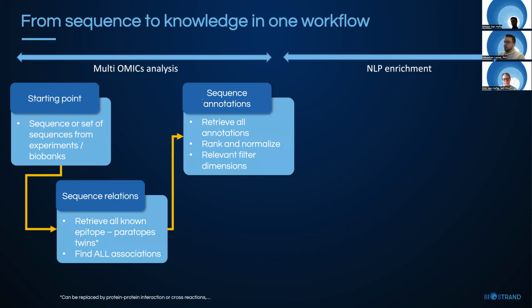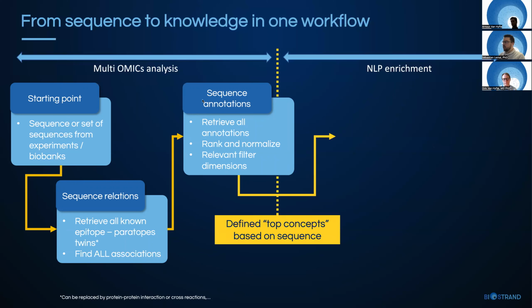Once we have all of these sequences, we need to retrieve the annotations, normalize them, and eventually filter them based on your own interest. Then we go beyond the landscape of sequence data and into the landscape of textual data that has been ingested. The top concepts that we retrieve, because they are well targeted, we can use for on-target lookups on the text that we have ingested.